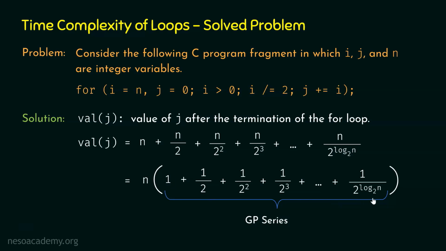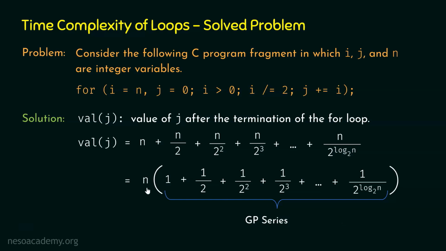So clearly there are log n base 2 plus 1 terms in this series. So one thing is clear, that n is equal to log n base 2 plus 1. So this sum is equal to 1 times 1 minus 1 by 2 power log n base 2 plus 1 divided by 1 minus 1 by 2.